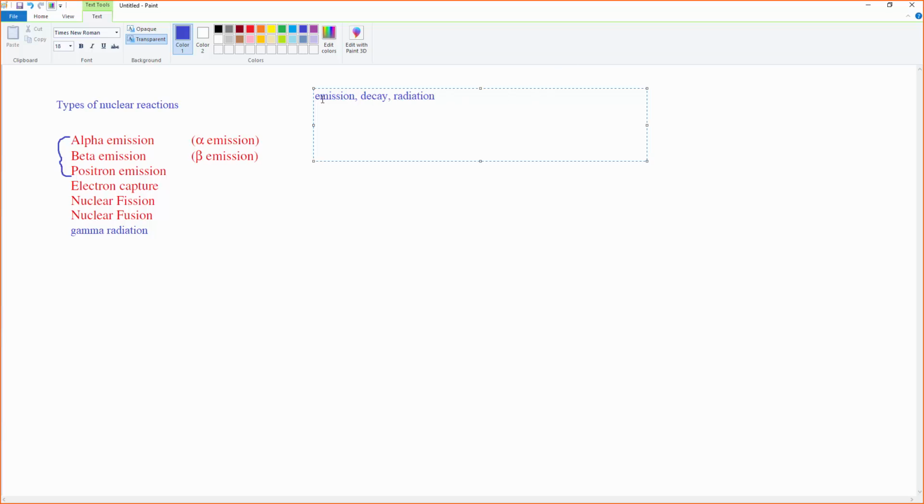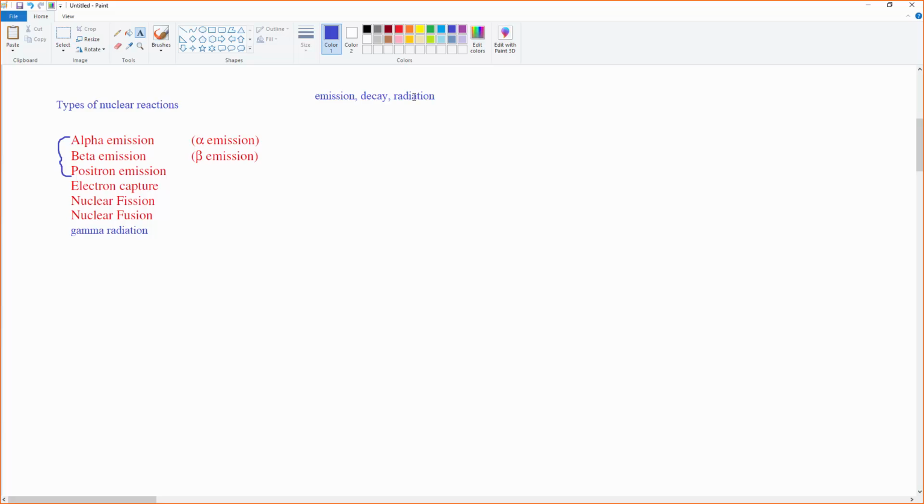Okay, so the difference between emission, decay, and radiation as we use these words, these are all describing the same process, but kind of from a different point of view, right? So the nucleus decays, and when it decays, it might emit or kick out a particle. And if you receive that particle, then you are exposed to radiation. Does that make sense? Just going to kind of break this down, because you'll hear all of these words used almost interchangeably.